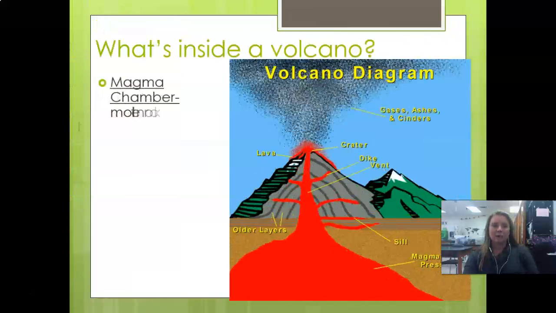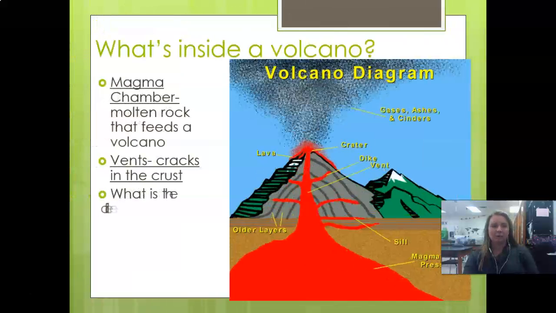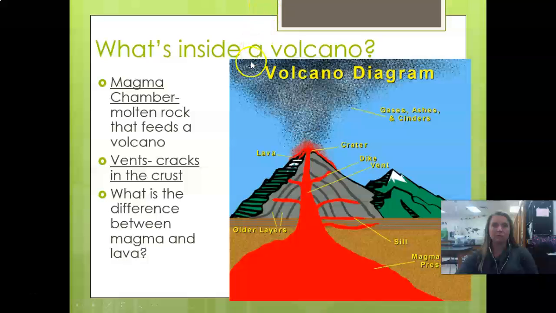So when we're looking at volcanoes, there's a couple of different things that we're going to discuss. The first is just that you have the actual body of a volcano, and some of these terms might sound a little bit familiar, such as our sill or our vent and dike, which are all different types of igneous intrusive categories that we have discussed.